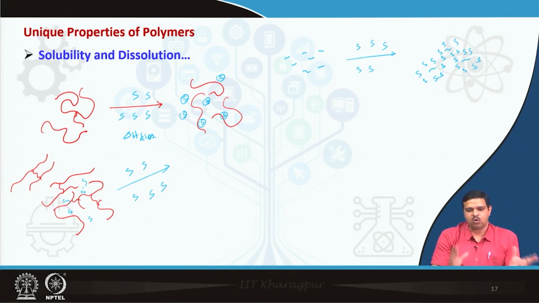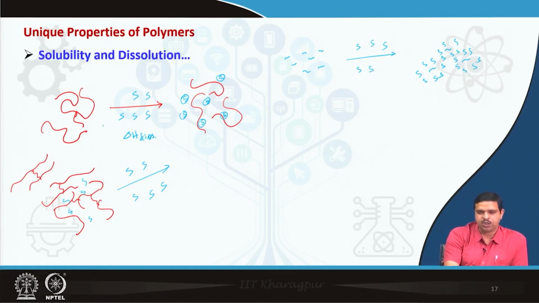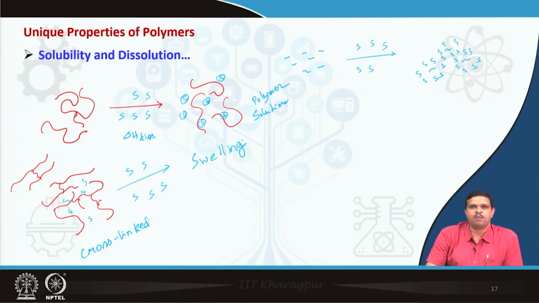Anyway, but this has its own advantage and disadvantage. As an example, cross-linked polymeric materials give gels very easily. So, it has its own applications. I just want to emphasize the basic properties of the polymeric materials. So, the take home message is that making a solution of a polymer sometimes requires some extra effort.